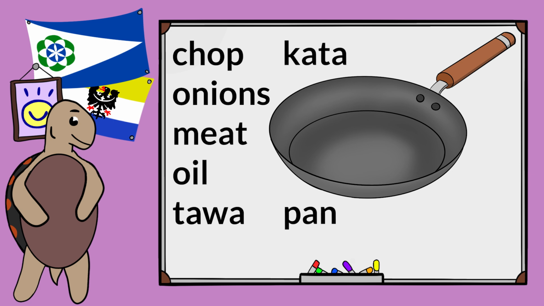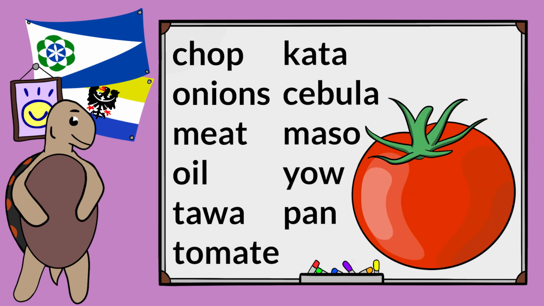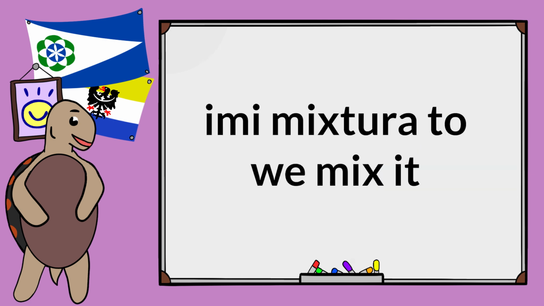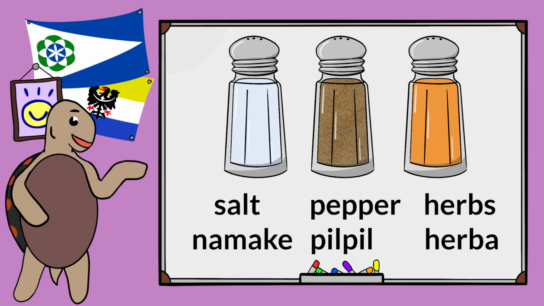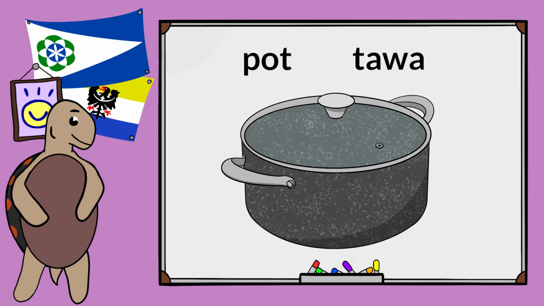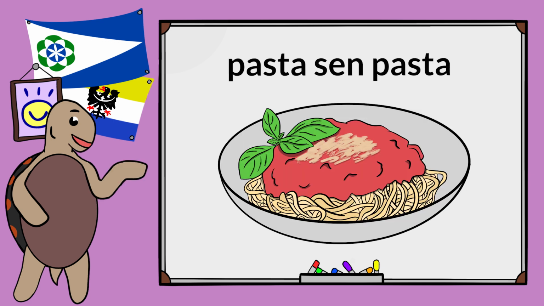Otherwise it might burn. Then we'll add cut tomatoes, tomate. Imi mixtura to. We mix it a bit and cook it. Imi kokito. Then we add salt, pepper and herbs. Namake, pilpil, herba. Meanwhile we should cook the pasta in a pot, tenjire. Oh, and pasta stays pasta, even in Globasa.